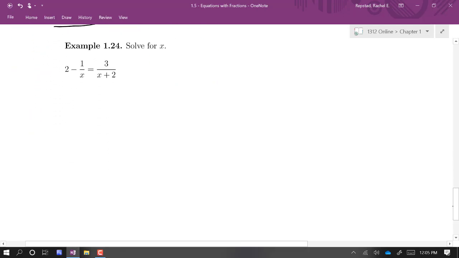All right, one more to go. Again, our denominators are factored. If we had denominators that were not factored, the first thing we would do is factor those denominators and make sure our LCD includes all of the factors that are present. This already being factored makes it easy to identify the LCD.